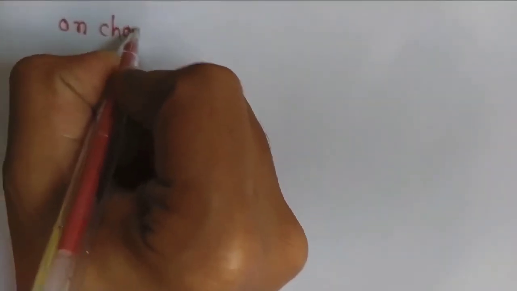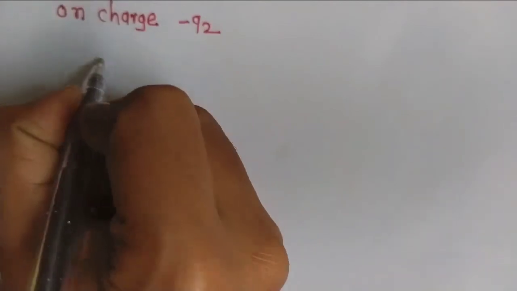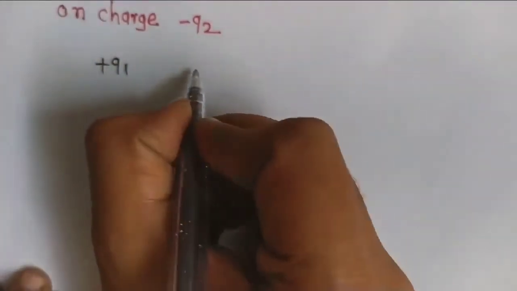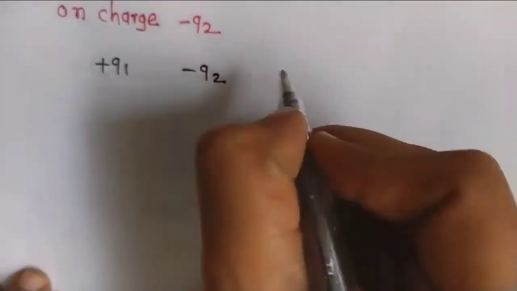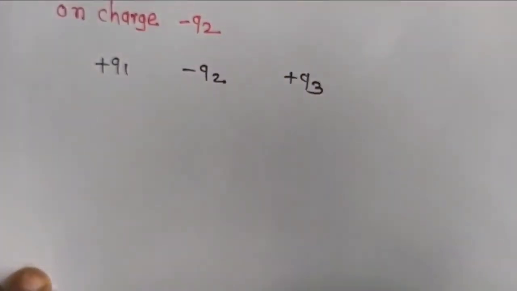Net force on charge minus Q2 due to charge plus Q1 and plus Q3. We have three charges, plus Q1, minus Q2, plus Q3.